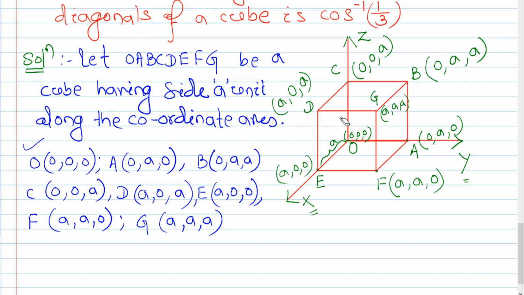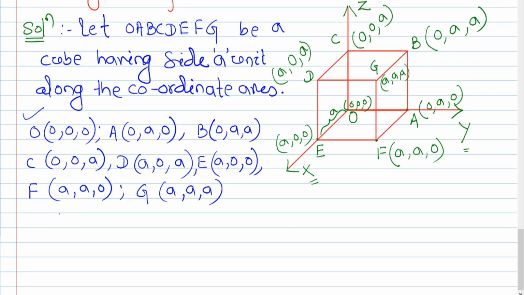If you join A and D, another main diagonal. So 4 main diagonals are there. You can take any 2 main diagonals. Suppose you take OG and EB. Okay. So you have to find the DRs of OG.